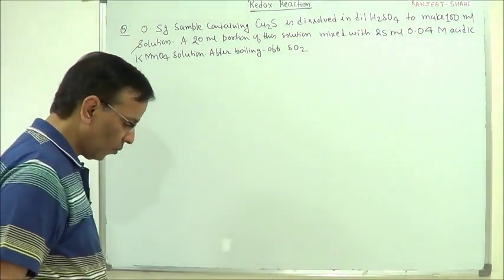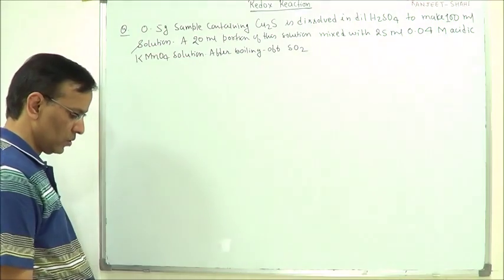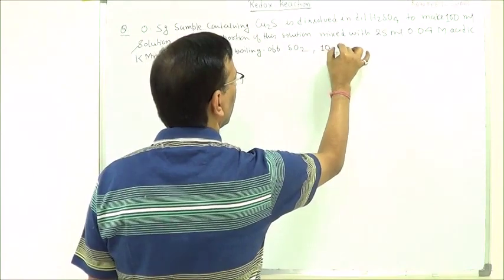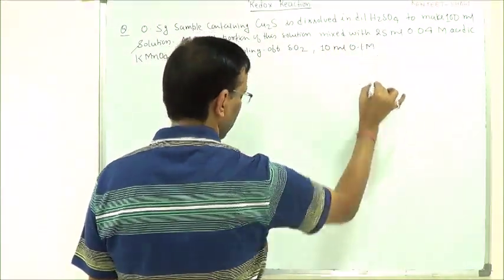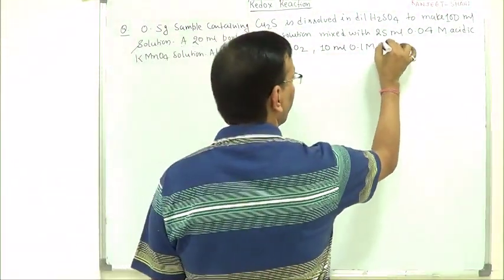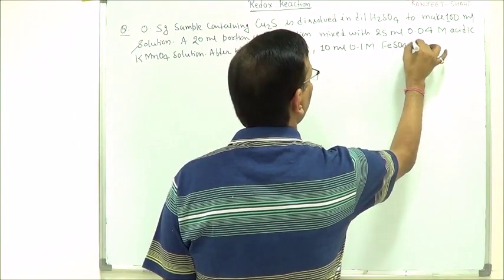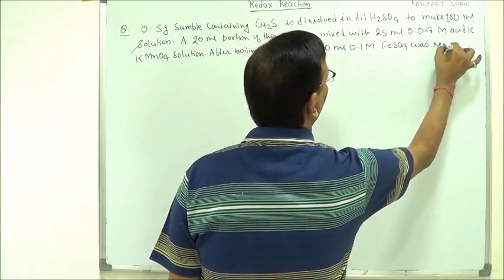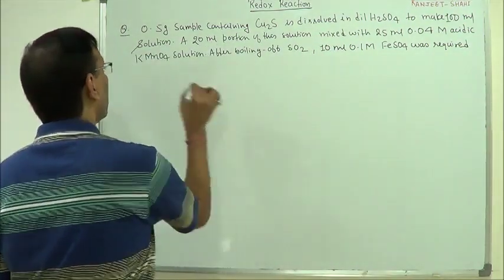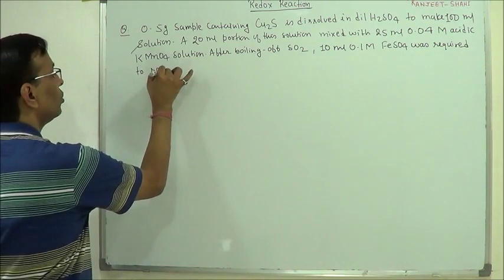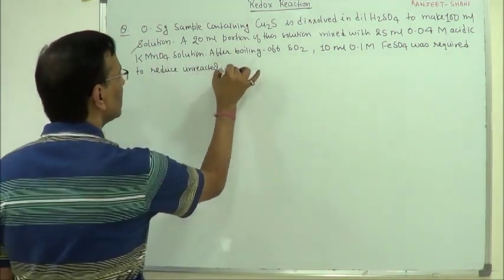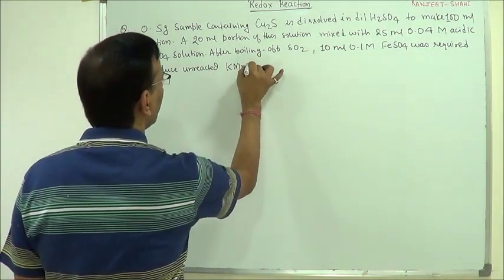So after boiling off SO2, 10 ml 0.1 molar ferrous sulfate was required to reduce unreacted KMnO4.